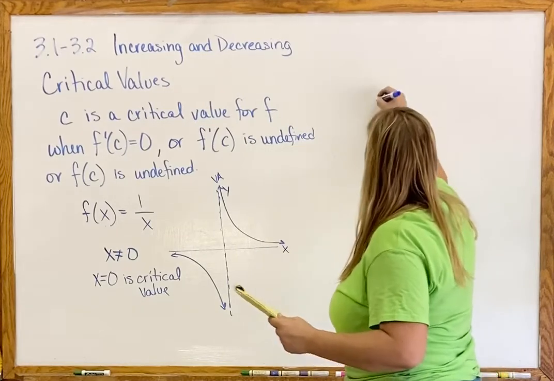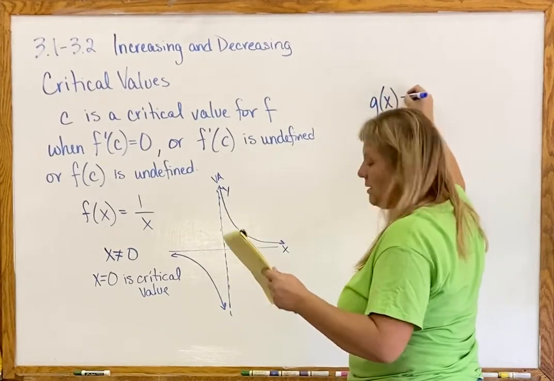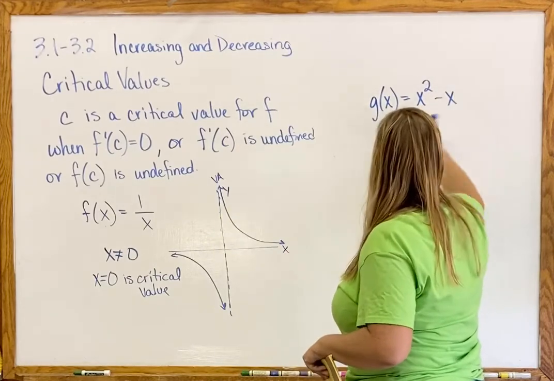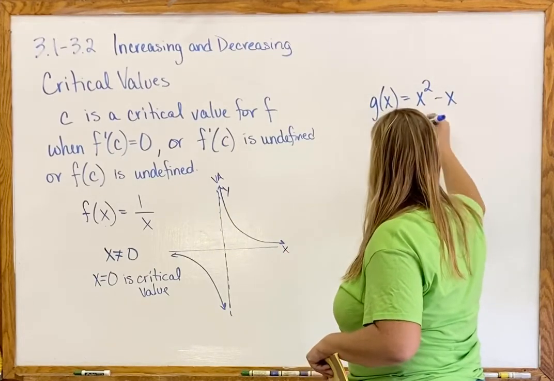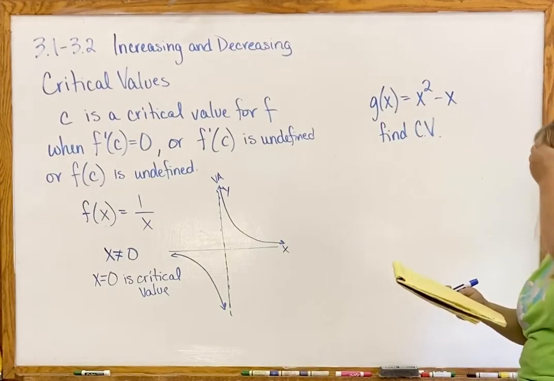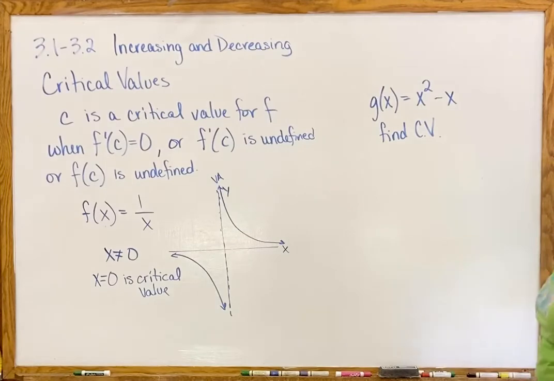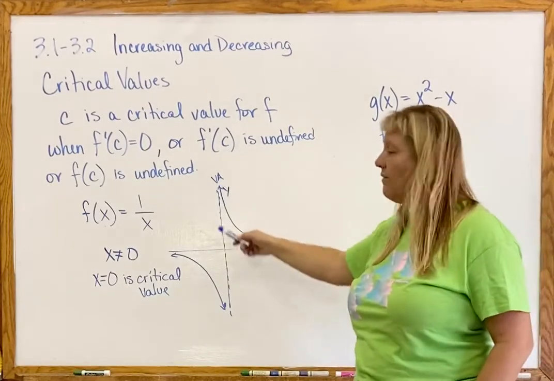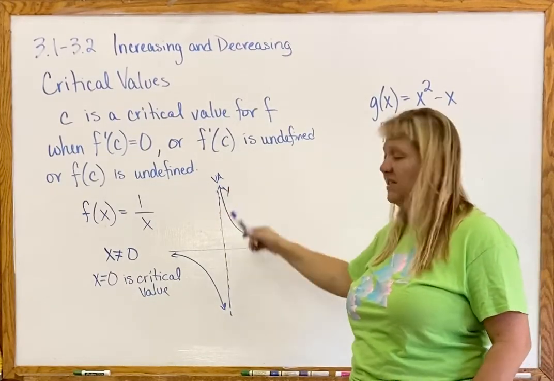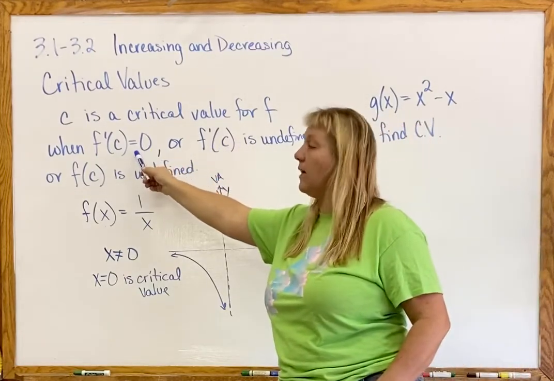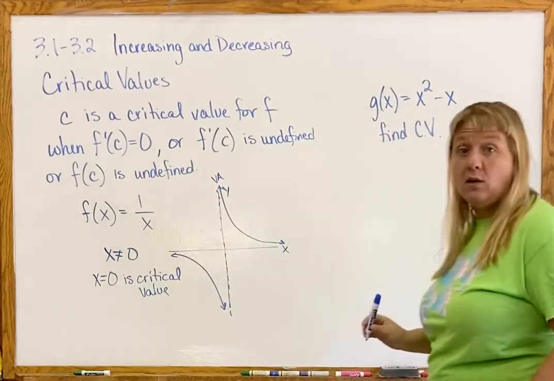Let's say they gave you g of x is x squared minus x, and they just want us to find critical values. You'll notice they abbreviate those CV there. It's a polynomial to start with, which means it's not going to have any places where it's undefined or discontinuous. So there's nothing special in that sense. When we look for our critical value, we're just looking for where the derivative equals 0.